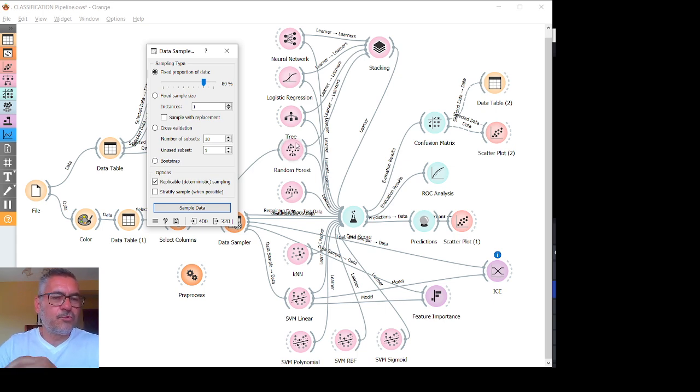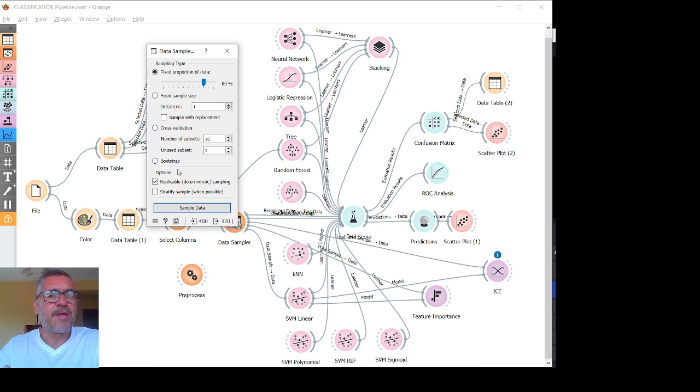A note here for those of you who wonder, the cross-validation is not selected here. This doesn't mean that we're not going to perform cross-validation, because otherwise we would get an overfitted model. But it is better to do the cross-validation in the next steps. Here we only separate the data between the training data and the validation set, the out of sample data. Of course, we can do bootstrapping here.